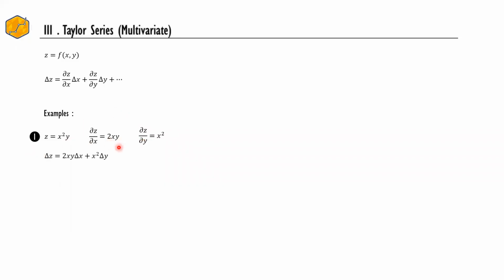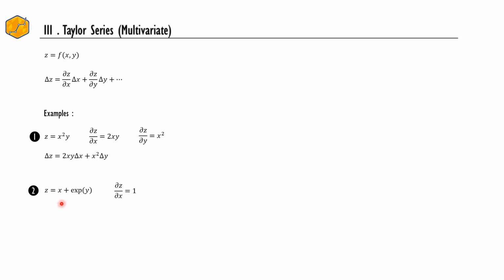All right, okay, continuing this, you can just plug in. So delta z is 2xy times delta x, right? And then x square times delta y, that's the expression for total change in z. Another example, x plus e to the power y. Simple.